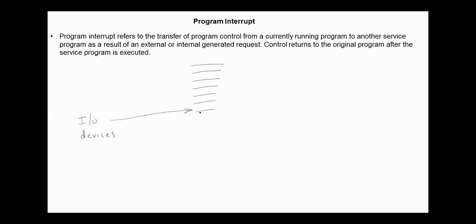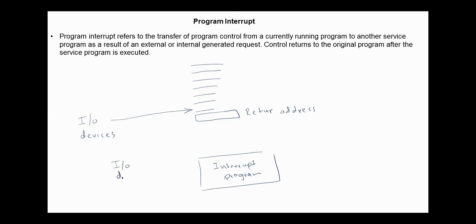And in this case, the CPU should save the return address along with other information and branch to an interrupt program, or also known as interrupt service routine, to service the I/O device. After completing, control should be transferred back to the main program.